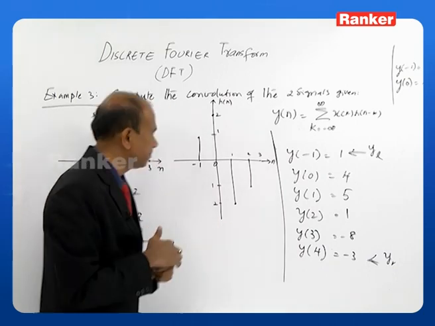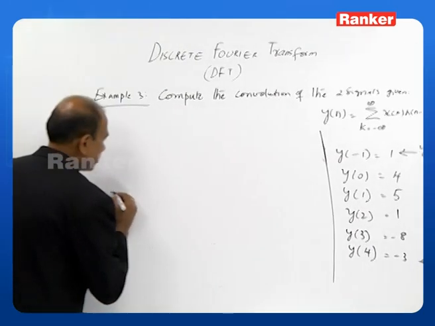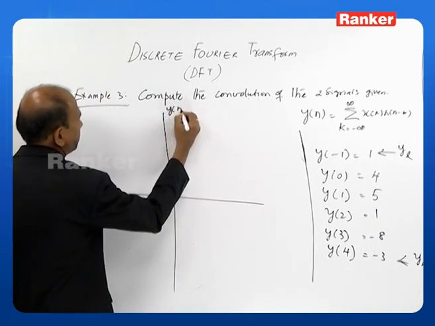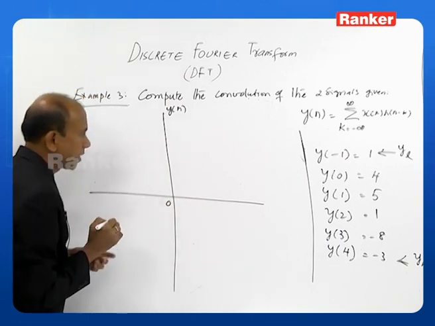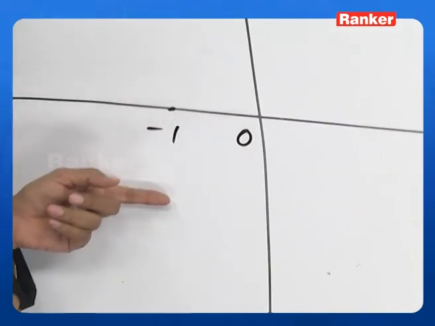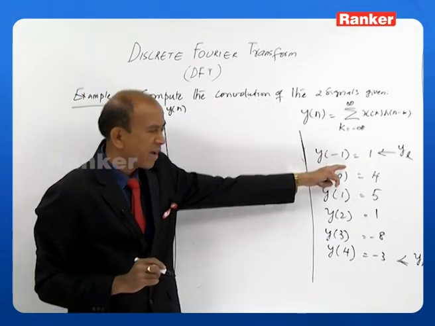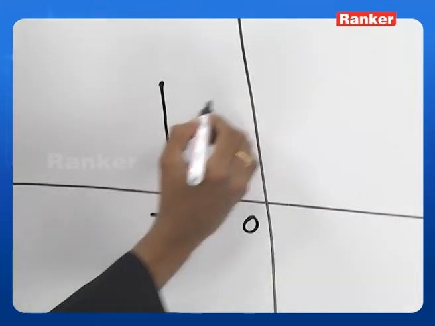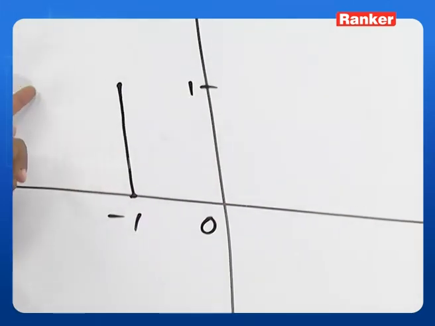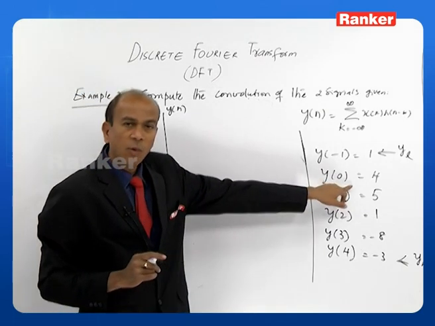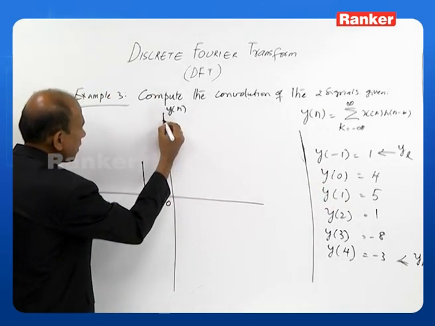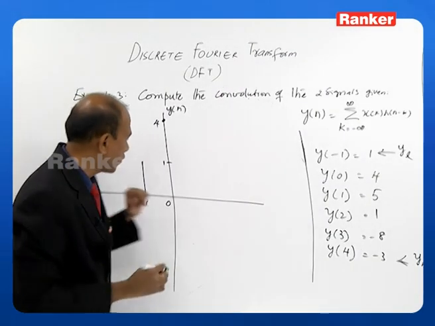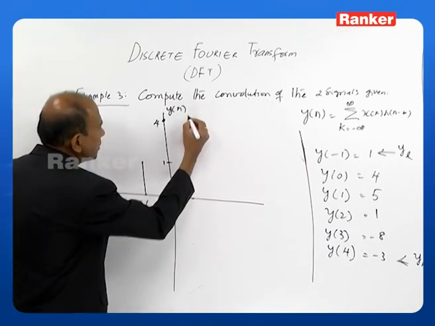Now, let us plot them. This is our y of n. This is our 0 and this is our minus 1, because we started from minus 1. What is the value at minus 1? It is 1 here. Y of 0 is 4, so y of 0 will be 4 here. Then y of 1 is 5, so this will be somewhere here.